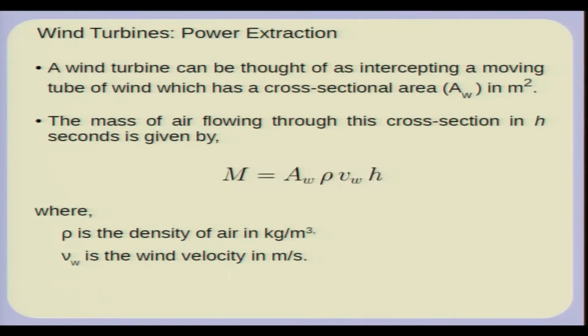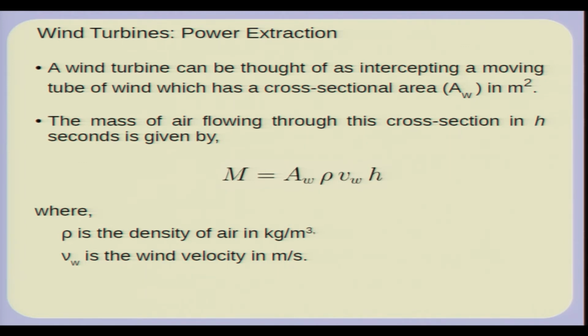Now, how do you extract power from the wind? Obviously, as I mentioned some time back, the power output of the wind will be a function of the speed of the wind itself. That is almost obvious. So, you can think of a wind turbine as a kind of interceptor of a moving tube of wind.